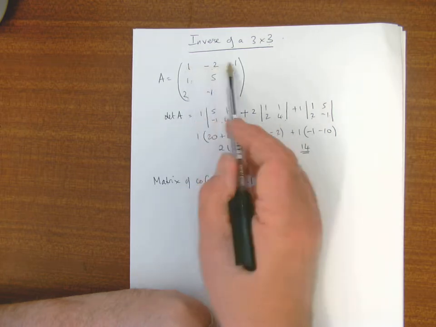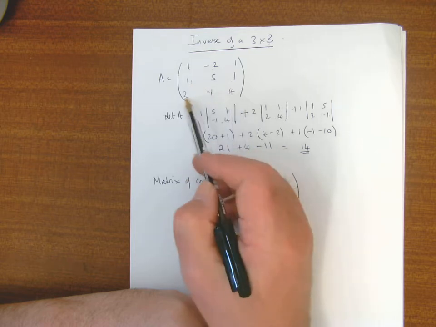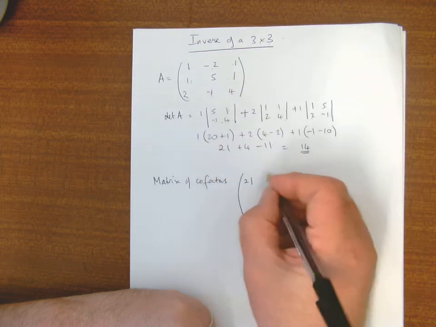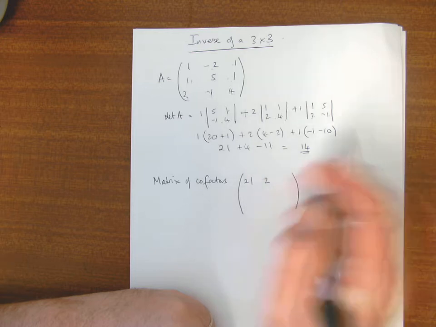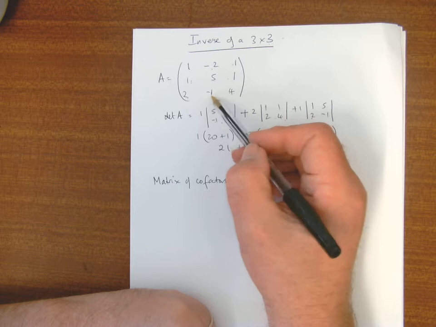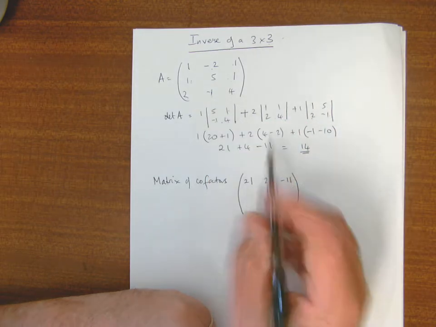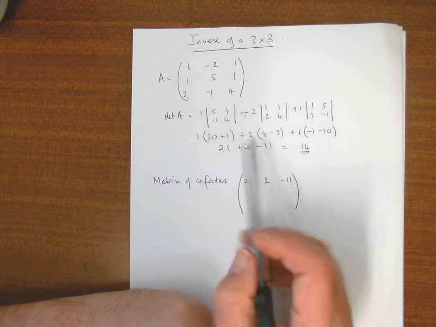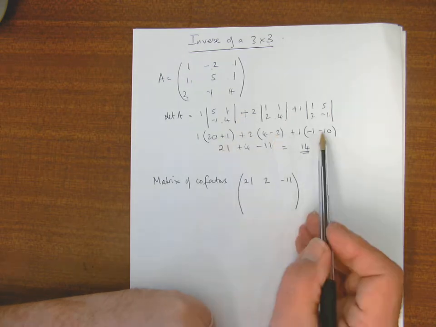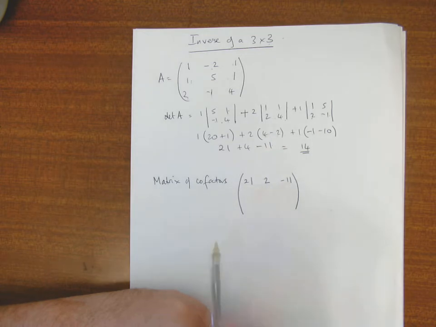This one, T-shape, 1, 2, 1, 4. So it's 1 times 4, take away 2 times 1, which is 2. And finally, row, column, 1 times minus 1, minus 10 is minus 11. So the first row, I've already done those cofactors to calculate the determinant, the values in the brackets there.